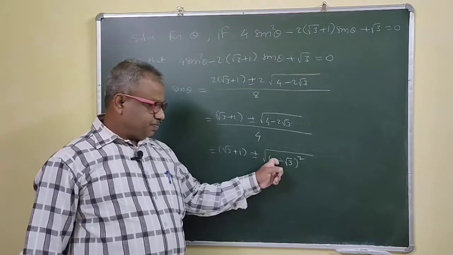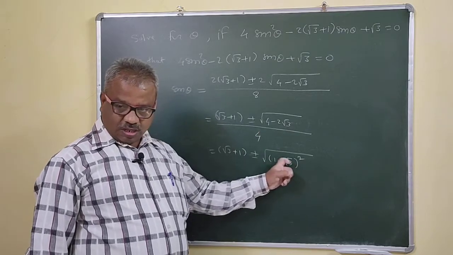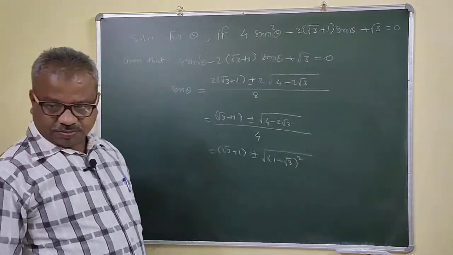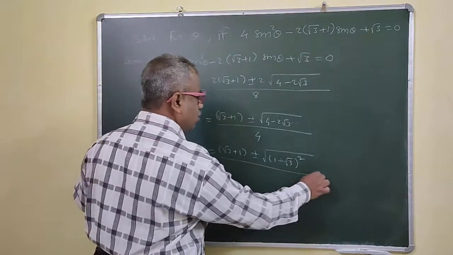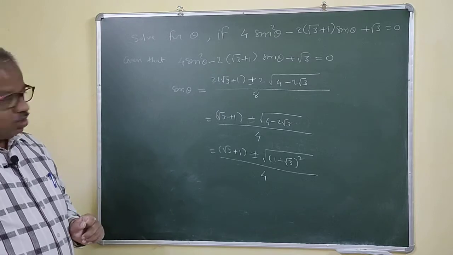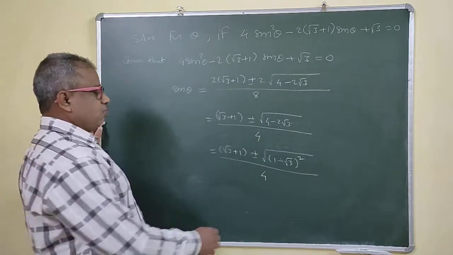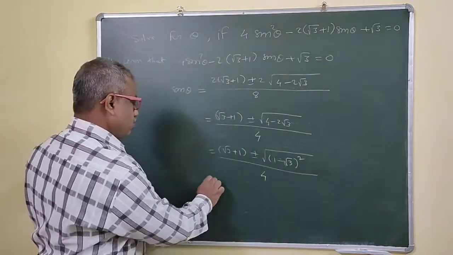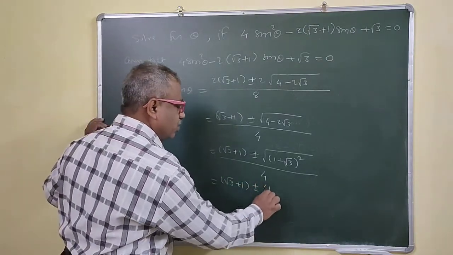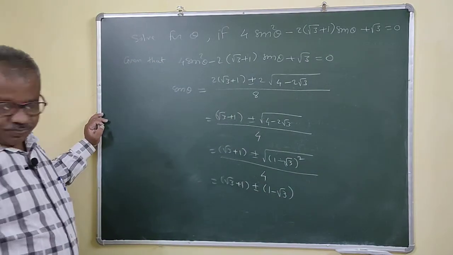If you expand this, it is 1 plus 3, that is 4, minus 2 root 3, which is nothing but the square of 1 minus root 3, upon 4. We want the value of theta, so you should simplify this. You have to use your knowledge now. So this is root 3 plus 1 plus or minus, then 1 minus root 3, the square root of the square, upon 4.